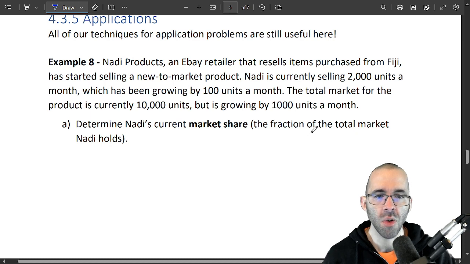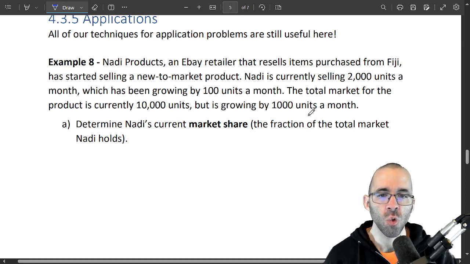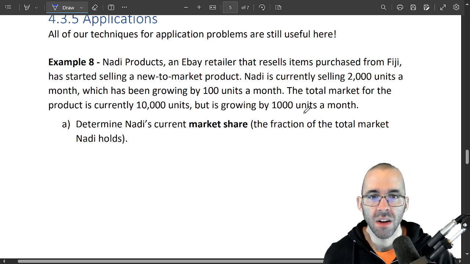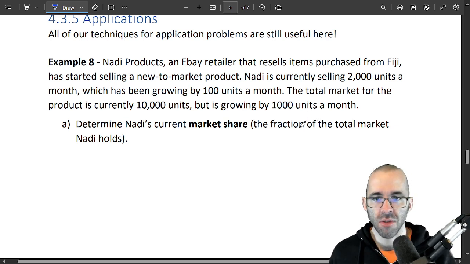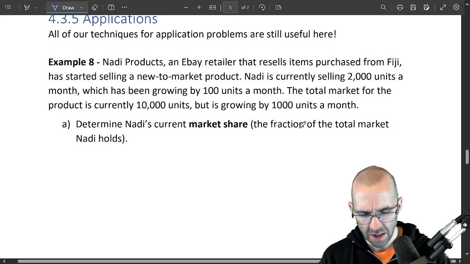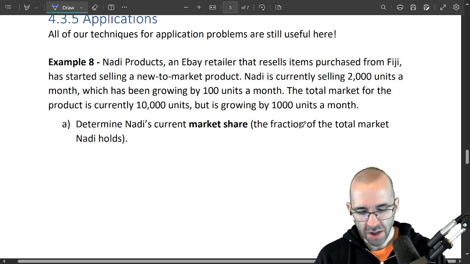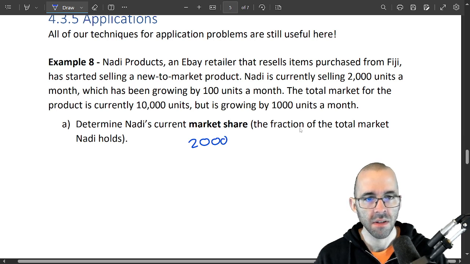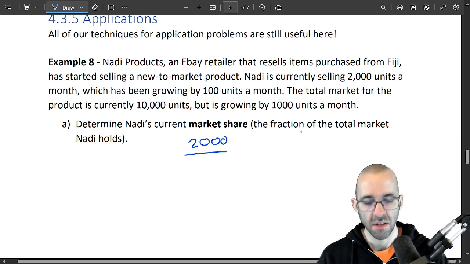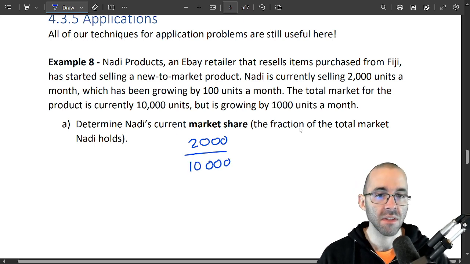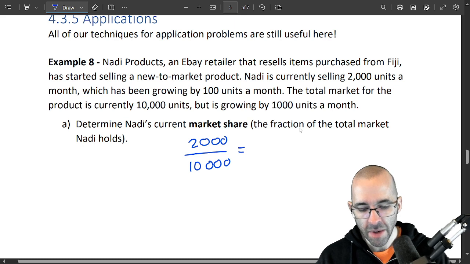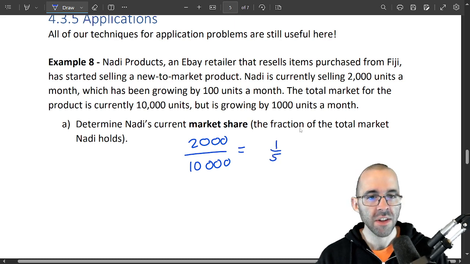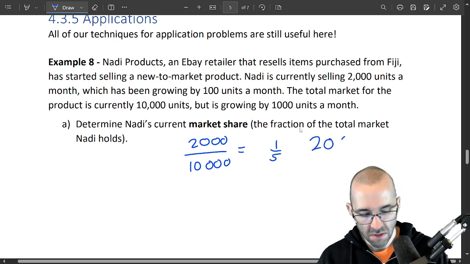What fraction of the total market does Naughty hold right now? Okay, well, the market share is the fraction of the total market that it holds. So Naughty currently has 2,000. What's the total market? The total market currently has 10,000. 2,000 divided by 10,000, that's 1/5, 20%. 20% market share.